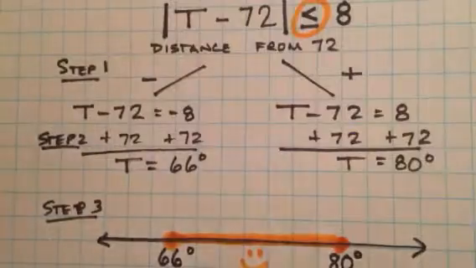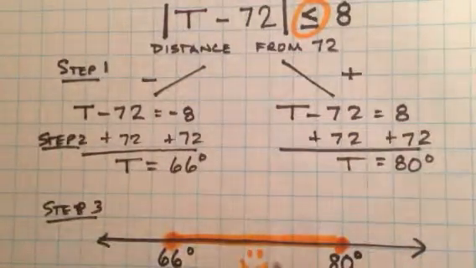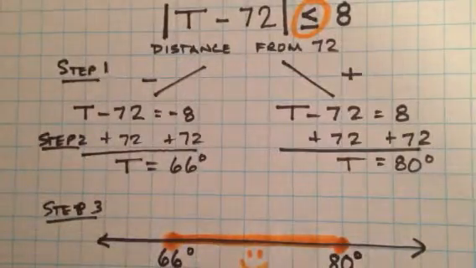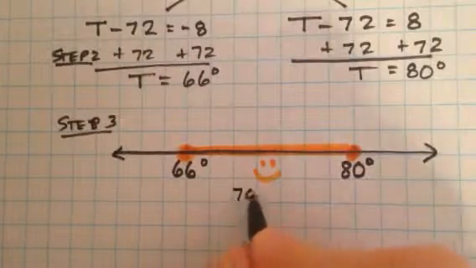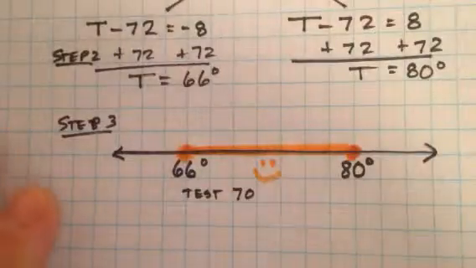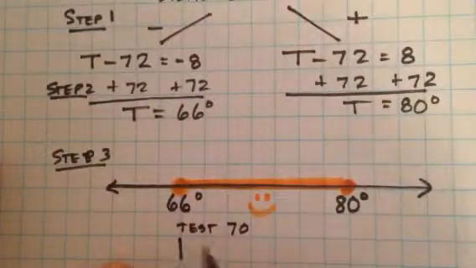Now, if you didn't know that they were going to be in between, like we kind of did because of the temperature, you could do a quick test. You could pick a number between 66 and 80. So, let's for instance take 70. 70 is in between there. And I'm going to do a little test with 70. And what I mean by test is I'm going to plug it into the inequality.